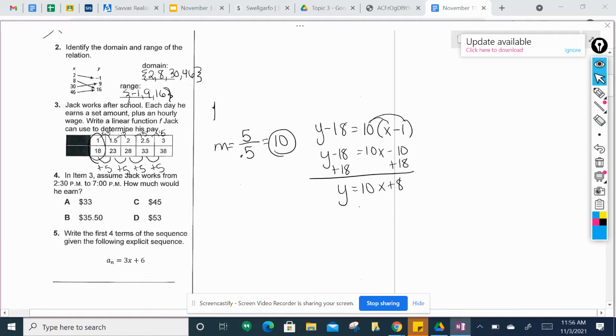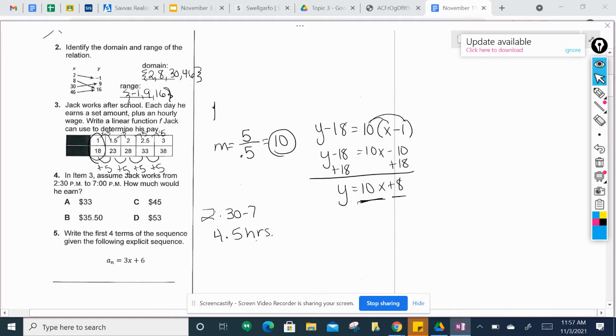This tells me he's getting $10 per hour, plus he's getting $8 for showing up and doing something. I'm not sure what that piece is right now. So now they say in item 3, assume Jack works from 2:30 to 7. How much would he earn? So 2:30 to 7 is actually 4.5 hours.